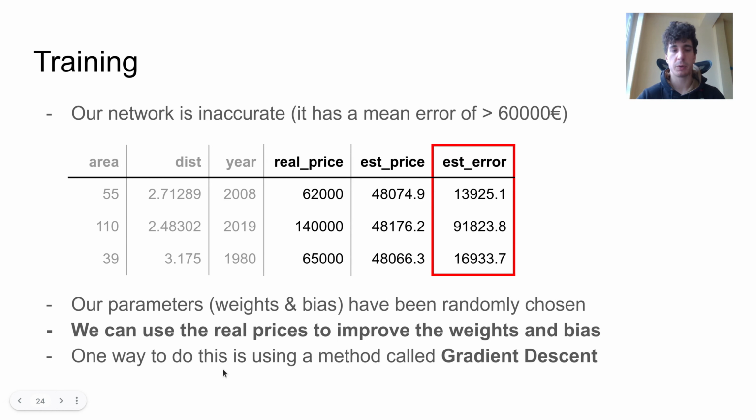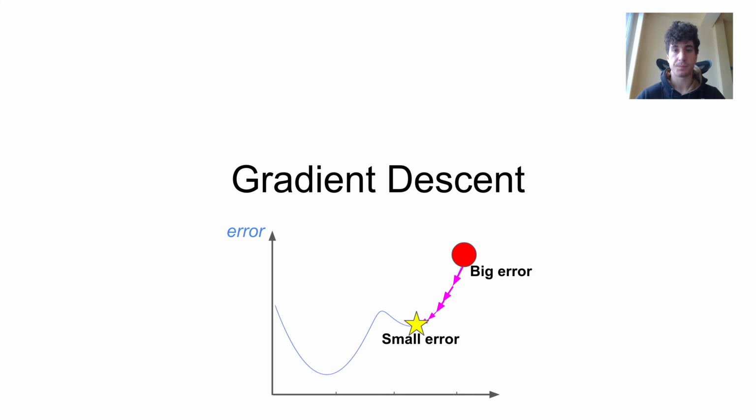And one way to do this is using a method called gradient descent. There are also other options, but most of them rely on this. So this is the core of how to improve the performance of neural networks. Now, gradient descent, we have a big error. So if we plot error, we want to make it smaller.